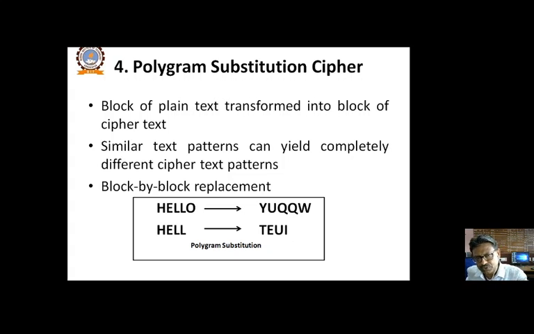So the example has been shown that hello is replaced by YUQQW, but hell is replaced by TEUI. Now, if we compare the plain text hello and hell, there is only the difference of O, but you can see the difference in the ciphertext. So in polygram substitution cipher, we do block to block replacement.